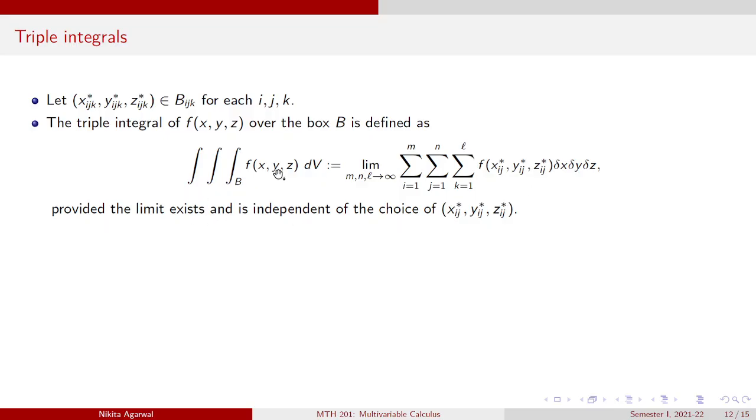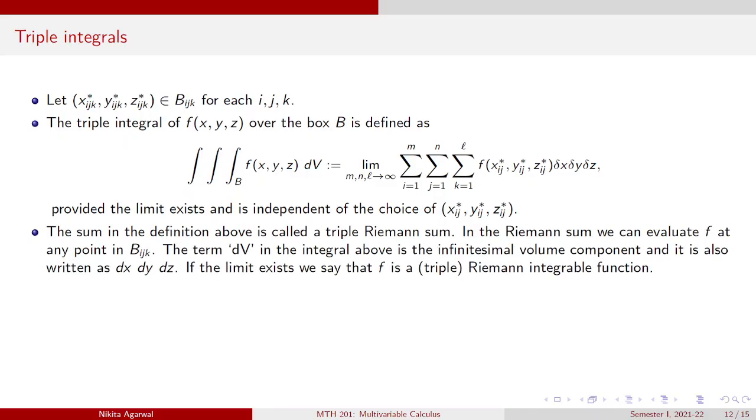So we say that this triple integral makes sense if this limit exists and it's independent of the choice of the point. Now what is the limit over? It is the limit as you let the divisions of each side go to infinity. Okay, so it's the same principle.